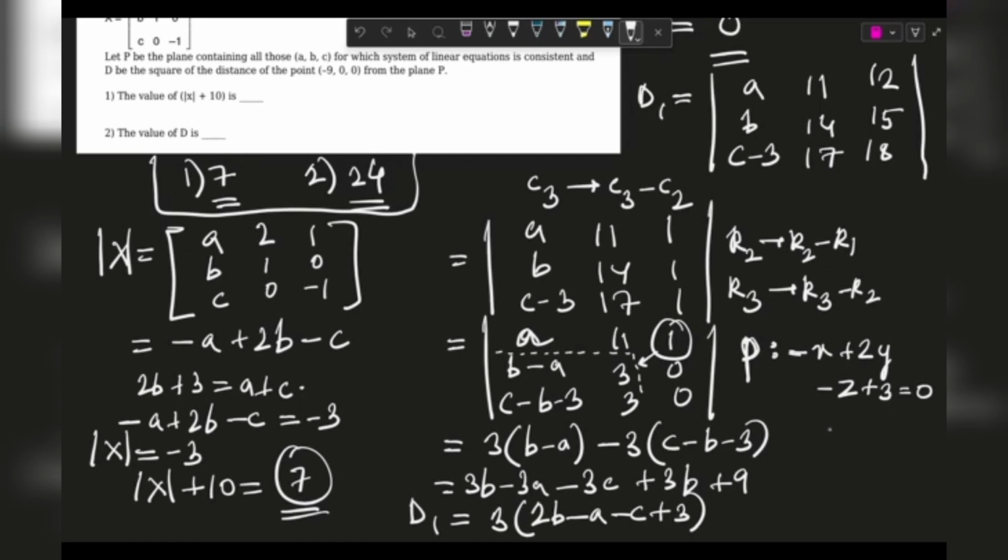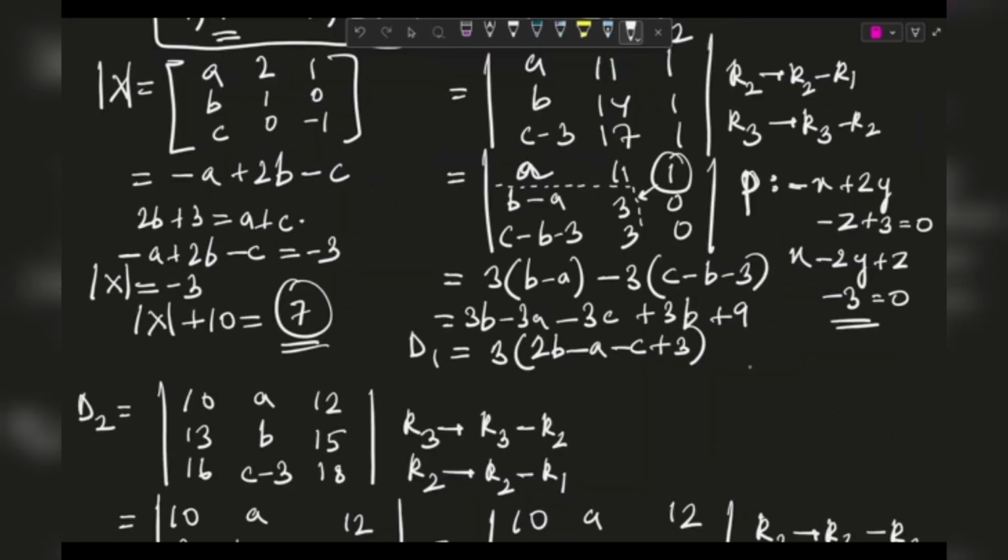Or rather you can also change the signs if you want. This is x minus 2y plus z minus 3 equal to 0. So I guess we have to find out the distance of the point minus 9, 0, 0 from this plane and square it up. So let's do that.